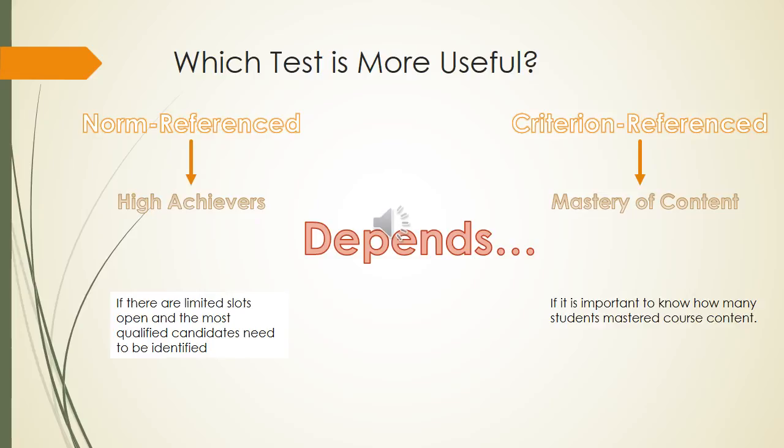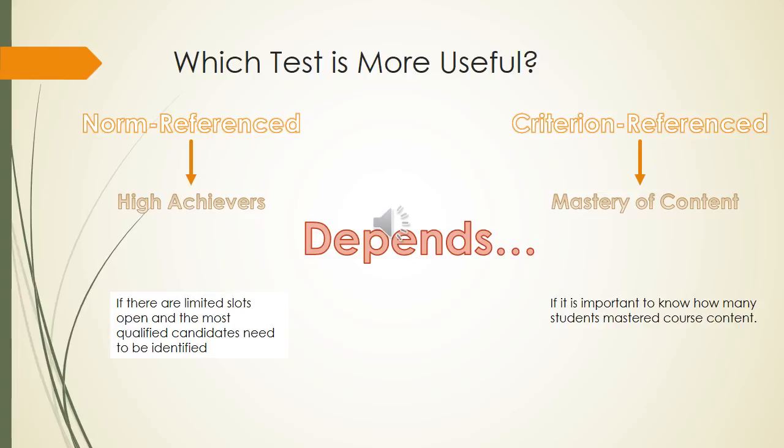But if you're interested in the content and whether a student has mastered the content or not, then a criterion reference test is important. Because remember that criterion, it tells you right there in the name of the test, that it measures you against a standard, a content standard. Norm referenced measures you against the performance of another student, not against the content.